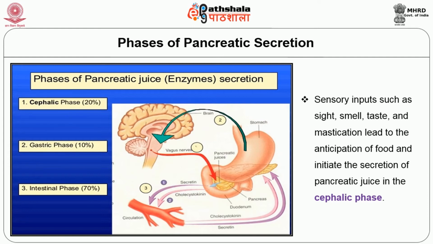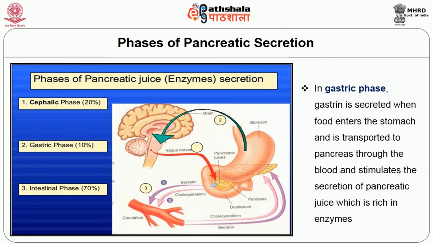When the impulse from the mouth or from the cerebral cortex reaches the vagal efferents, the vagal nerve endings release acetylcholine, which stimulates the pancreatic acinar cells to release the digestive enzymes. Thus, the cephalic phase of pancreatic secretion is under nervous control.